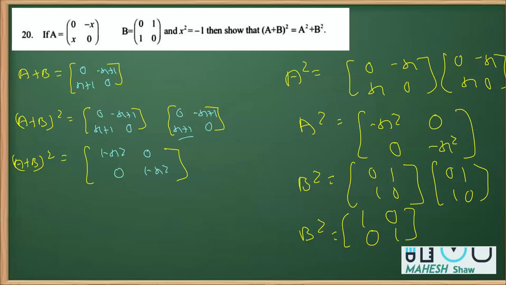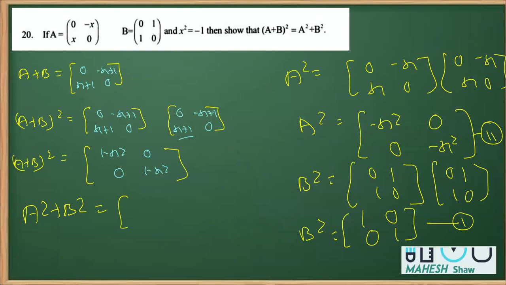Now, further, what we have to do is to obtain A square plus B square. If I add these two, that means adding this matrix with this one. What I'm doing here is adding this with this.